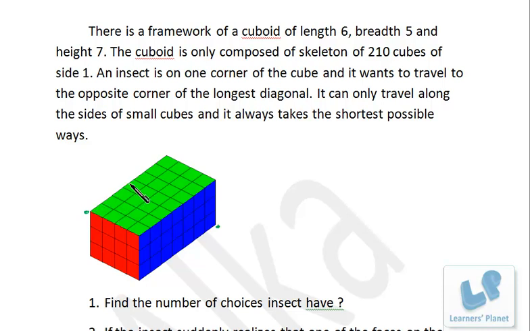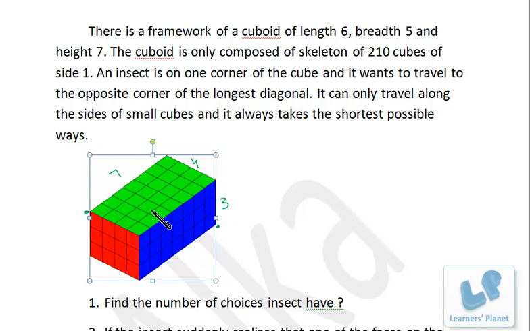1, 2, 3, 4, 5, 6, 7, then 8, 9, 10, 11, 12, 13, 14, right? That means 7 steps in this direction, then 4 steps in this direction, and 3 steps in this direction. These are actually the dimensions of this cuboid, 7, 4 and 3.